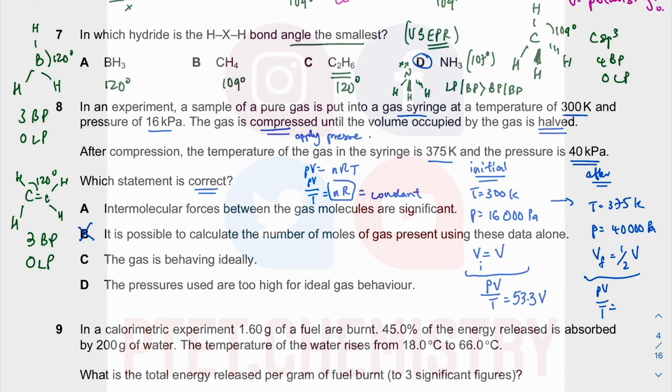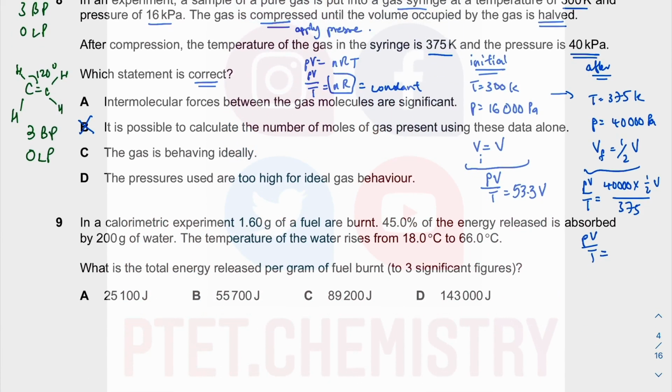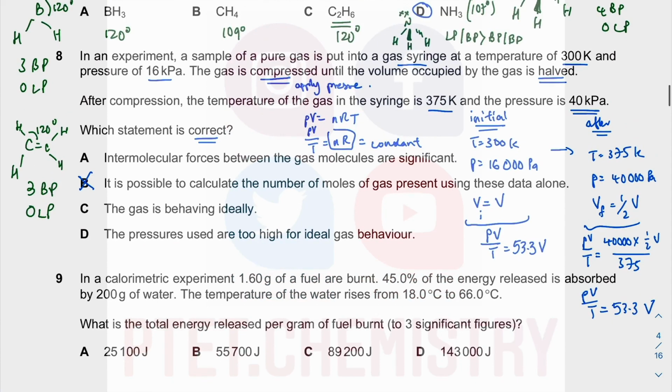But you also have the half, so you have to put the half in as well. So PV over T equals 40,000 times a half V over 375. The V is the expression which you don't know, but it's got a half, so times half divided by 375. And I also get 53.3 V. So you can see they are the same. So PV over T hasn't changed from the initial condition to the final condition.